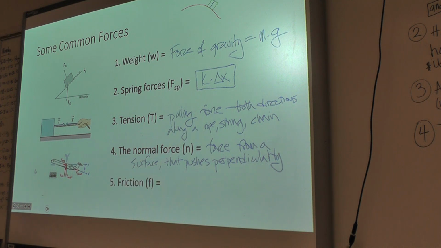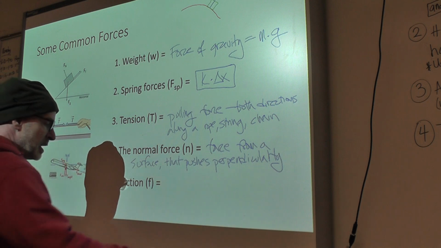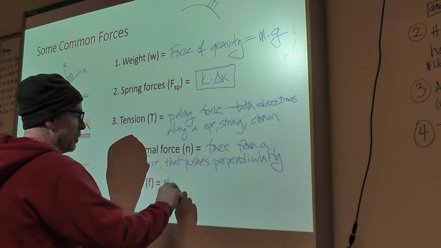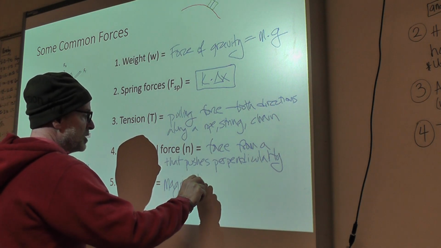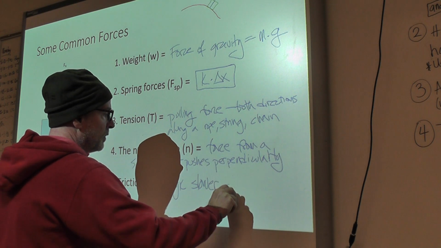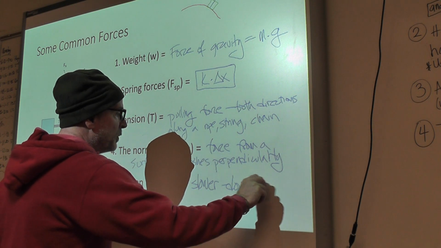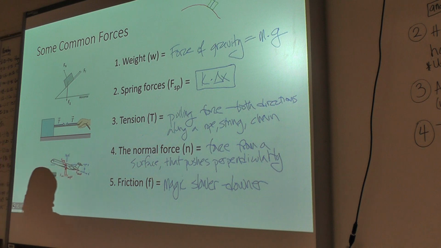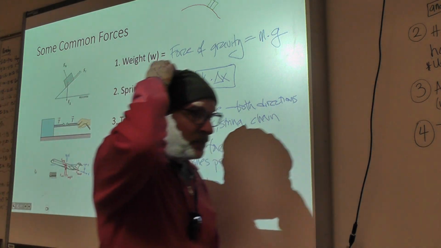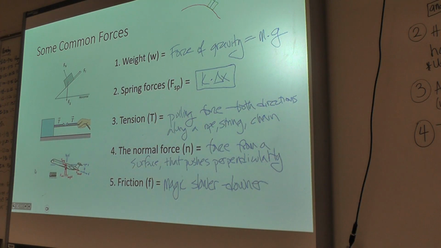Friction is super complicated because friction is this magic slowing down force. So it's a magic slower downer. But the rules of friction are super complicated. It changes. And not only does it change in magnitude, but the rules of how it changes aren't always the same.